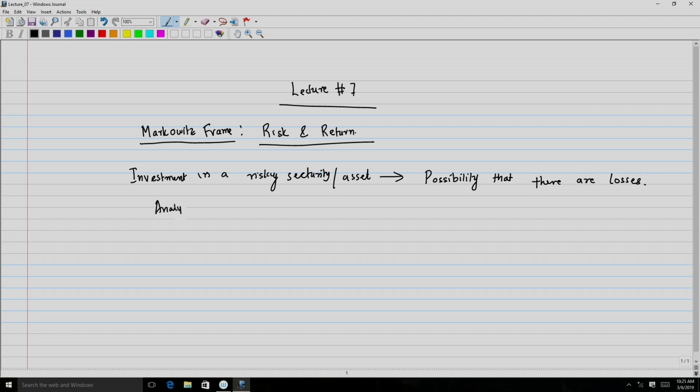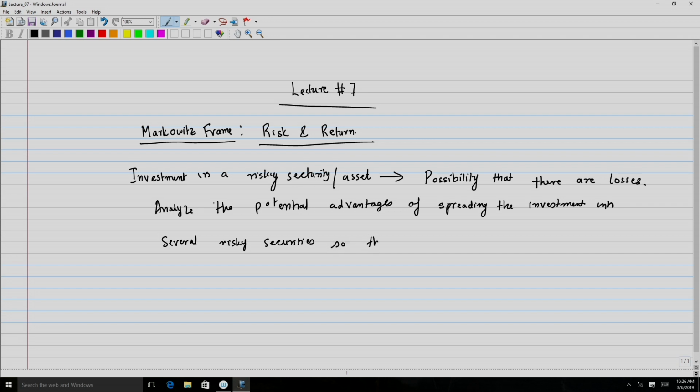Now, we will analyze the potential advantages of spreading the investment into several risky securities, so that the overall risk is under greater control.